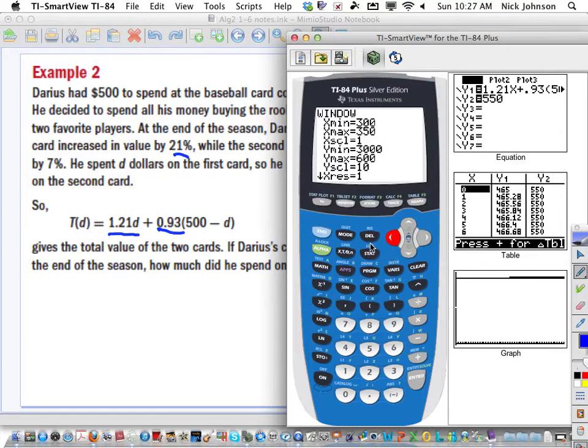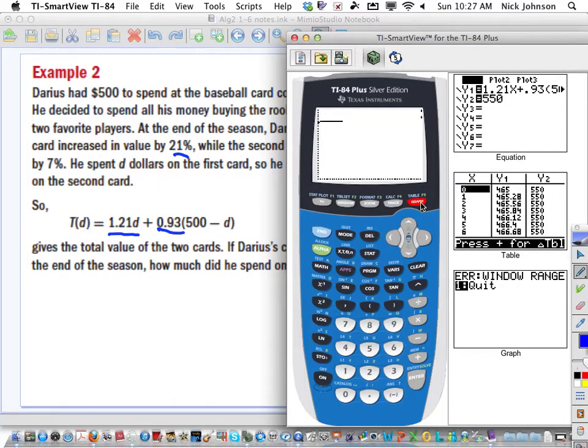Back here. Okay. You can see they are intersecting about right up here.